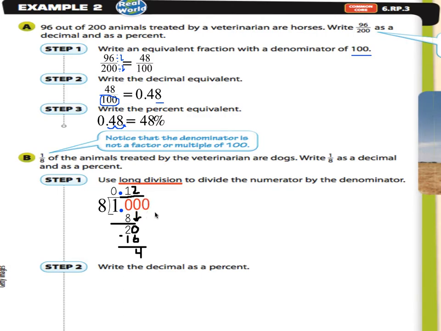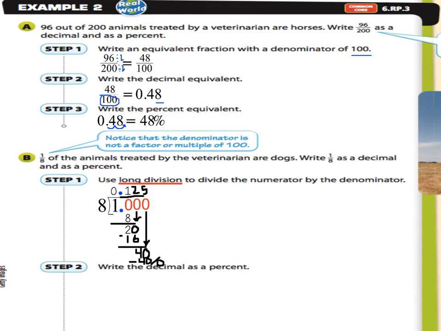So I add another 0. After I add that 0, I bring it down, and now I have 40. Well, I know 8 goes into 40 5 times, and 8 times 5 is 40. And when I subtract, I'm left with 0. Thank goodness, because I was running out of space.